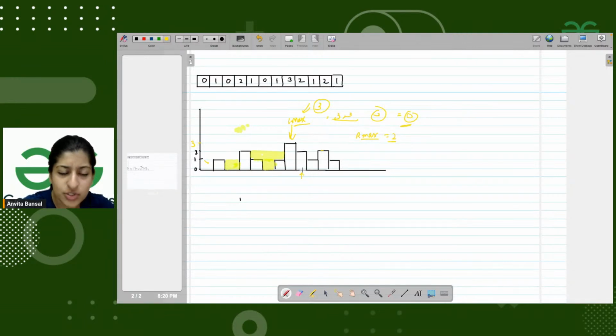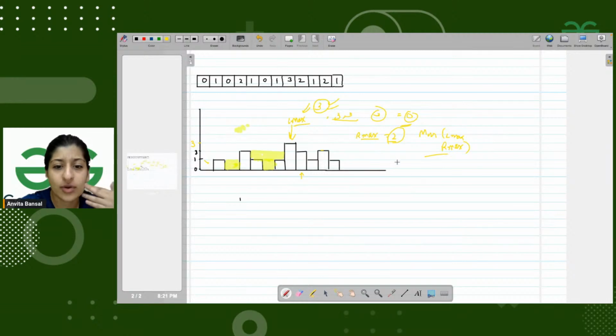So at this position, what is the minimum of L max and R max? That is 2, because R max is 2 and L max is 3. So at this index, the maximum height that can be stored can be 2.